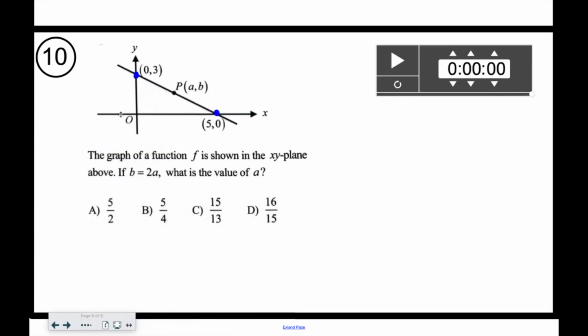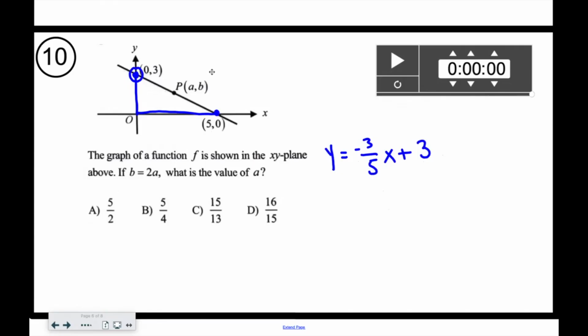But I didn't, because I can see what the slope is pretty easily. I'm going down 3 over 5. So that means my equation is negative 3 over 5 x. And then the y-intercept is just given here to be 3. So I found the equation pretty quickly from the given information. But if you don't see that, that's fine. You could use a Desmos table to use these 2 points to give you the equation.